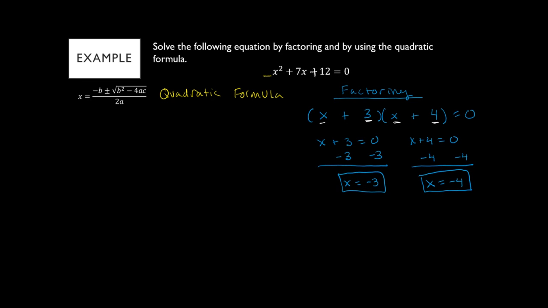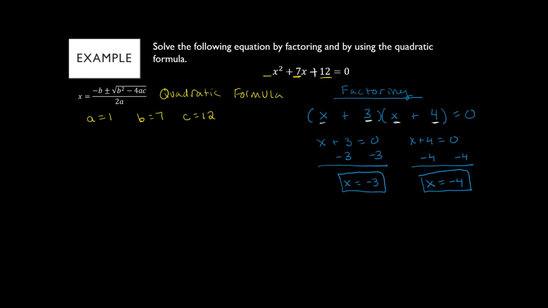So the number in front of the x squared is A. What's in front of the x is B. And then the last number is C. So in this case, we have A equals 1 because there's not a number. B is equal to 7. And then C is equal to 12.